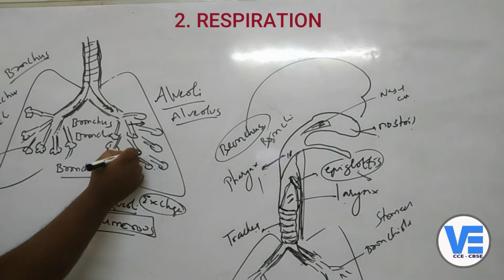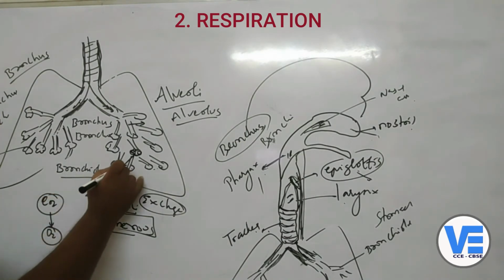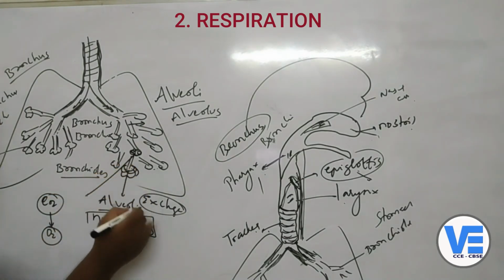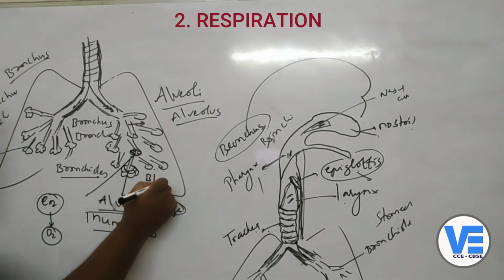In the air sacs, the carbon dioxide which is already there will be replaced by the oxygen. And one more thing: these air-like structures called alveolus are supplied with a large number of blood vessels.